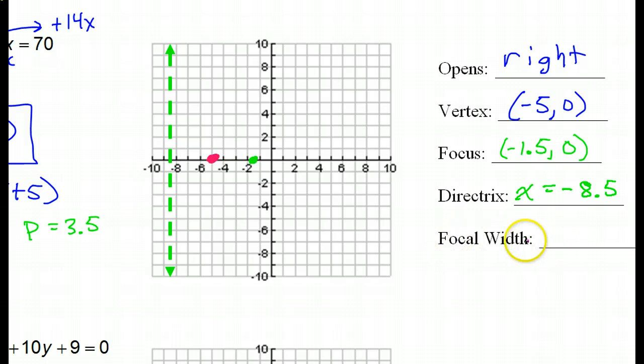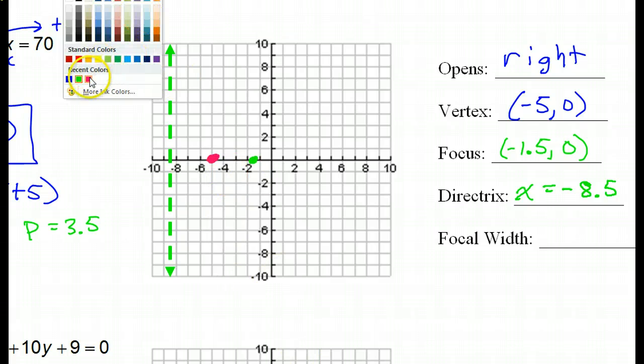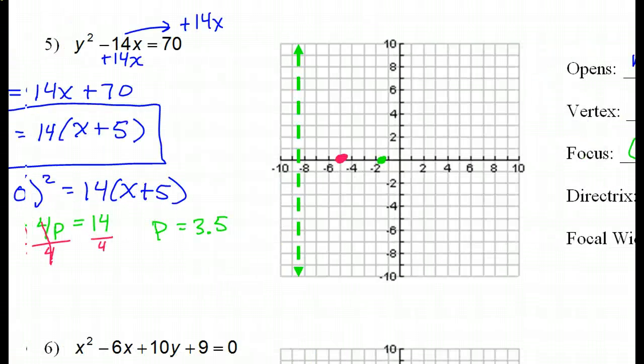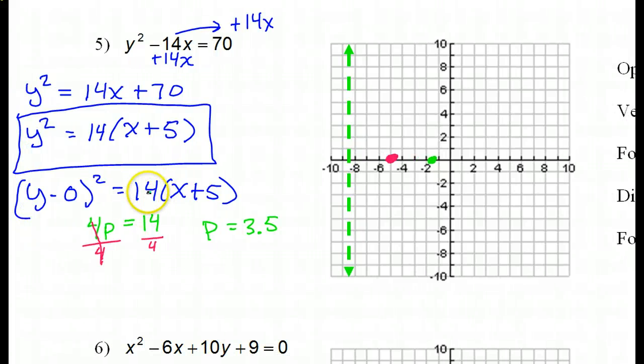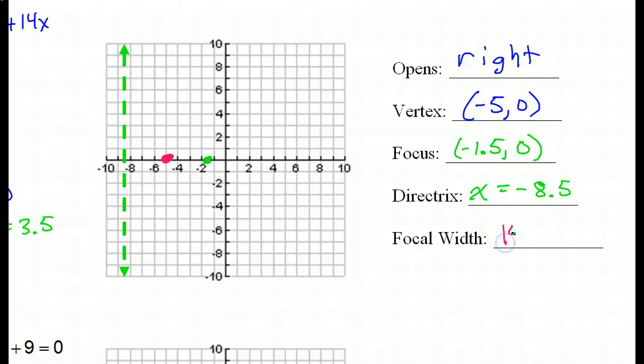What else? All right, the focal width will help us finish the graph. So let's go snag that. The focal width is 14. Always positive, by the way. That means, as this parabola does this type of thing, the width at the focus should be a total of 14, which means up 7 and down 7.